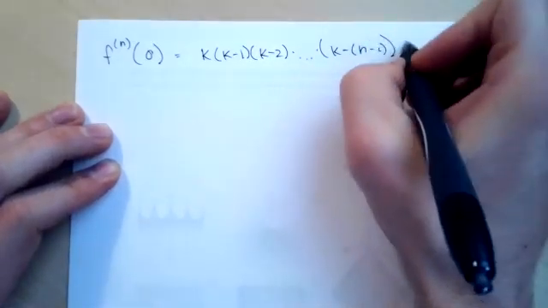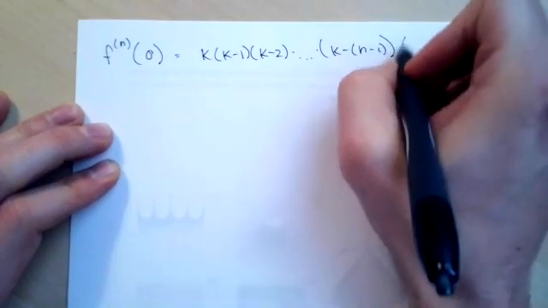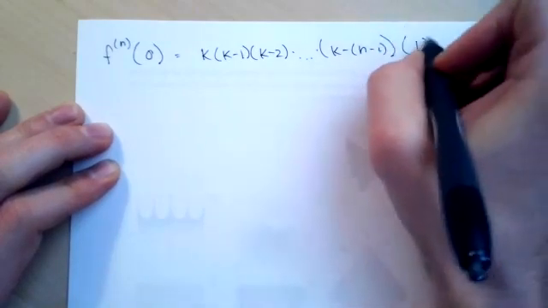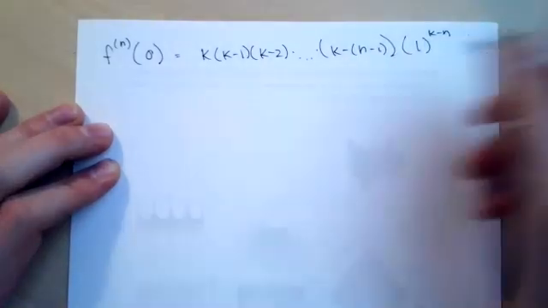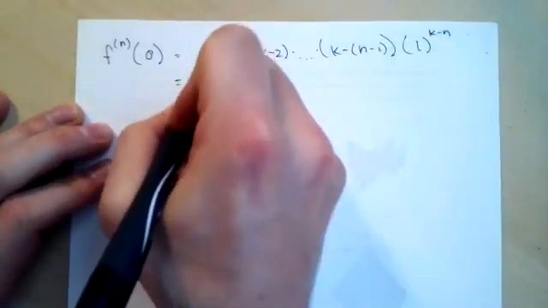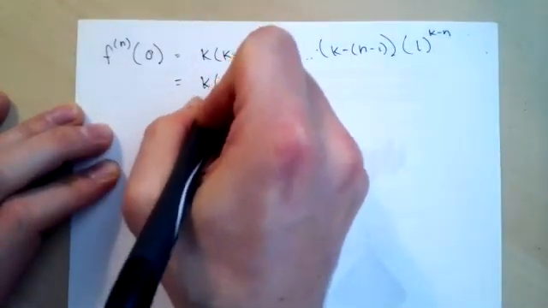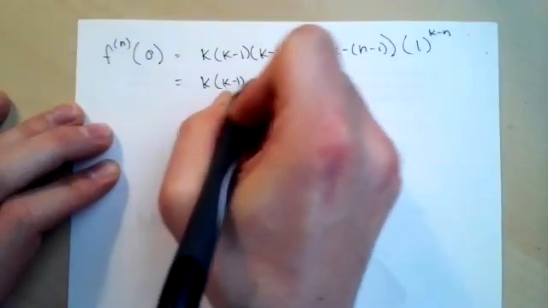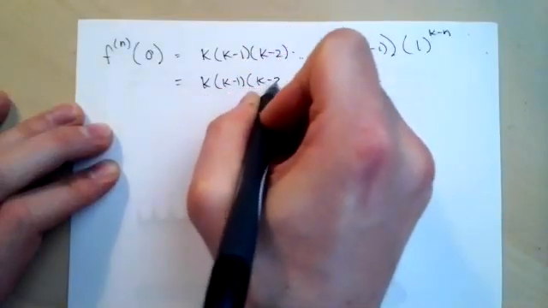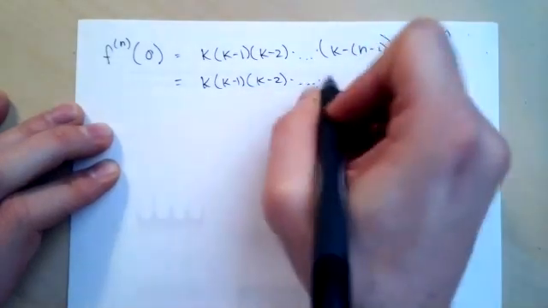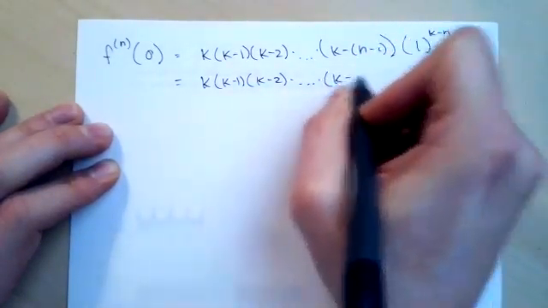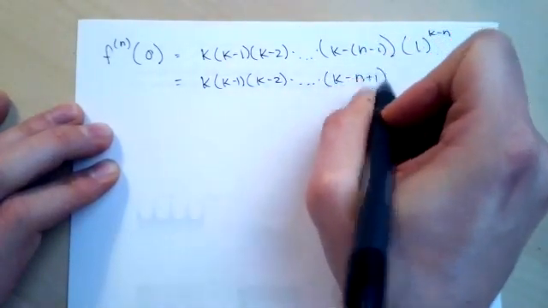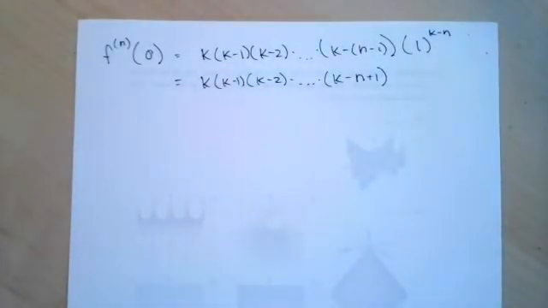And then when we plug in a 0 for x, of course, we're just going to be left with a 1 to the k minus n. So that's just going to be a 1, and we're going to be left with this product of descending values. I'll go ahead and multiply that minus sign through as well.